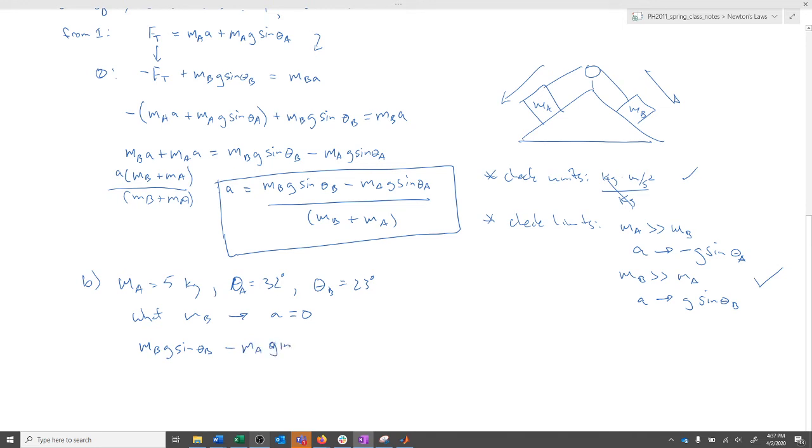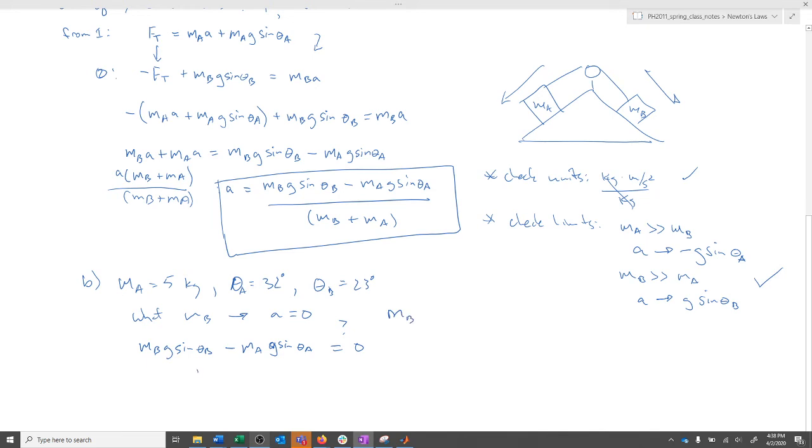I'll just copy the top of our acceleration expression here. Where would this be 0? Well, we can then solve that relationship for MB.